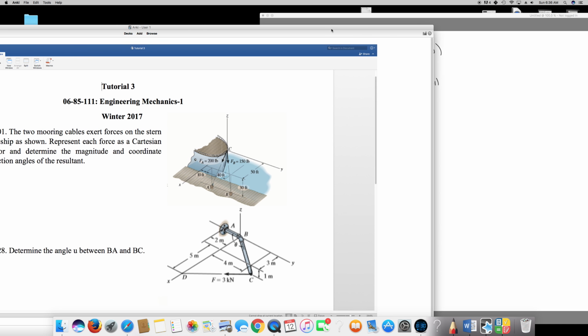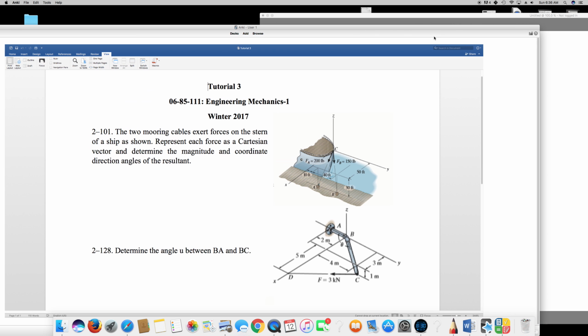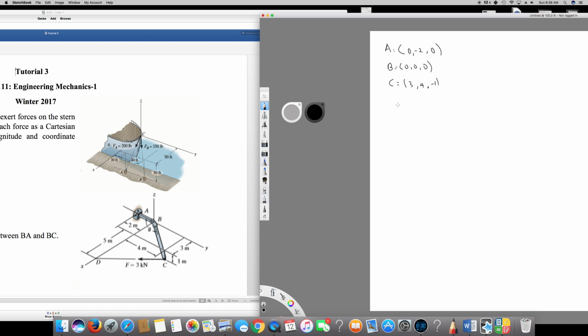Now what I have to do is find UBA and UBC to calculate the angle. So let's calculate UBA first. UBA is going to be equal to BA over the magnitude of BA. If I calculate BA, that means A minus B. So 0 minus 0 is 0. 0 minus negative 2 is going to be plus 2.